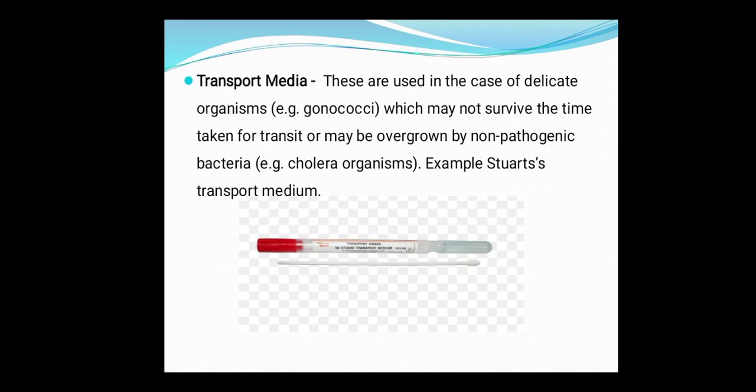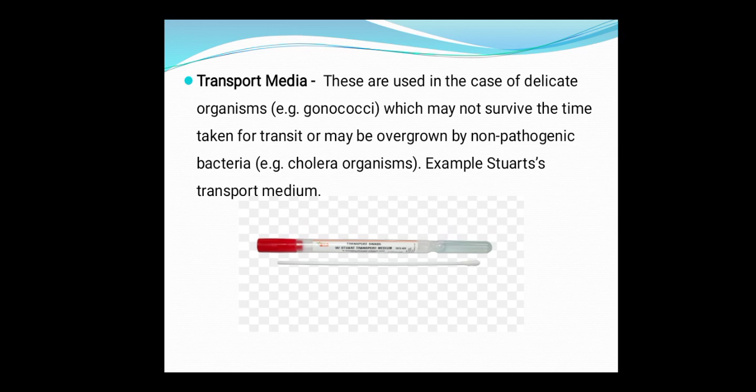This transport media maintains the viability of certain delicate organisms in clinical specimens during transport to the laboratory, because sometimes some organisms like gonococcus may not survive the time taken for transit or may be overgrown by non-pathogenic bacteria like the cholera organism. An example of transport media is Stuart transport medium.